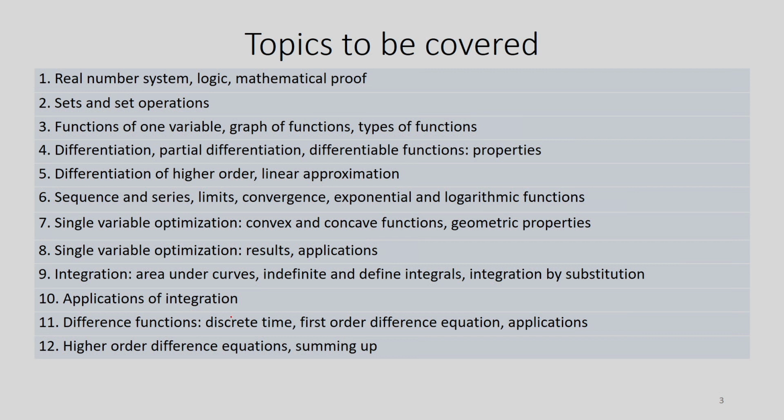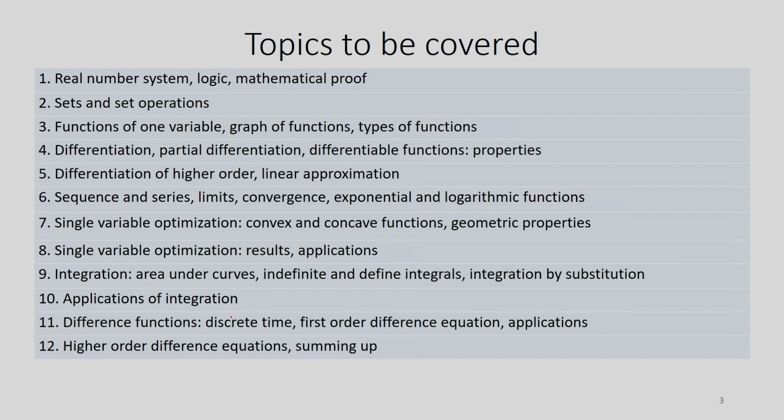There is more than one variable in your set of arguments. And differentiable functions: which functions can be differentiated? Not all functions can be differentiated. So, there is something called differentiability. One has to be careful which functions are differentiable and which are not. We are going to talk about these things, properties of partial differentiation, differentiable functions.